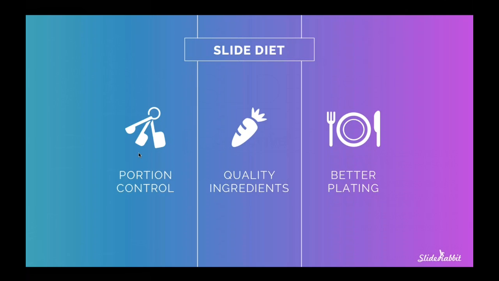So going with healthier options, more spices. Same with slides. It's all about figuring out what we can add to our slides so that our communication can be more immediately digestible to our audience and thus more memorable. And then finally we'll look at plating, and that's all about tricking the eye. So we're going to figure out some display tricks so that our lots of content can look simple and direct.